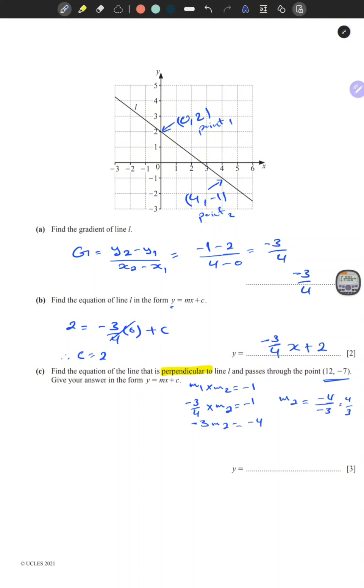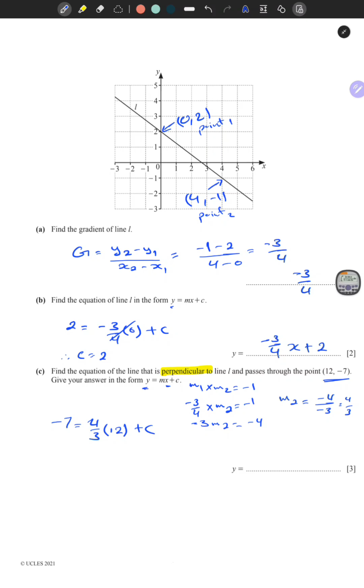Instead of the y and the x, I will use the y and the x from the point. So -7 is equal to the new gradient, 4 over 3, times x, which is 12, plus c.